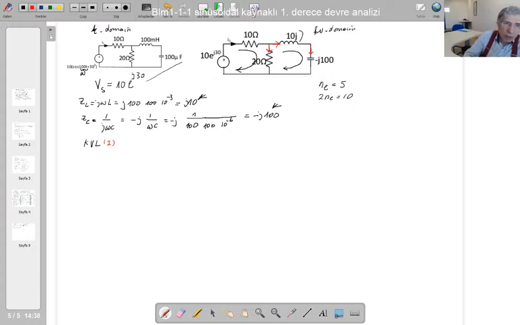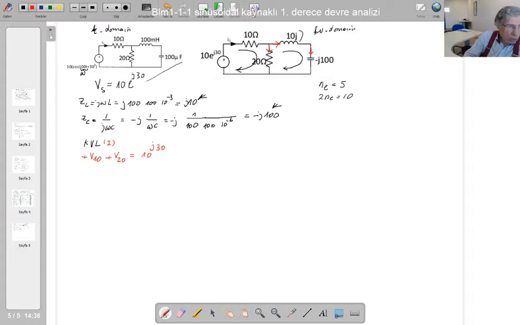For the first one, since the loop reference and the 10 ohm resistor references are in the same direction, it's going to be plus V10, and this loop direction and this 20 ohm resistor current direction are the same, so plus V20 is equal to this independent voltage source voltage, that is 10 e to the power j30.